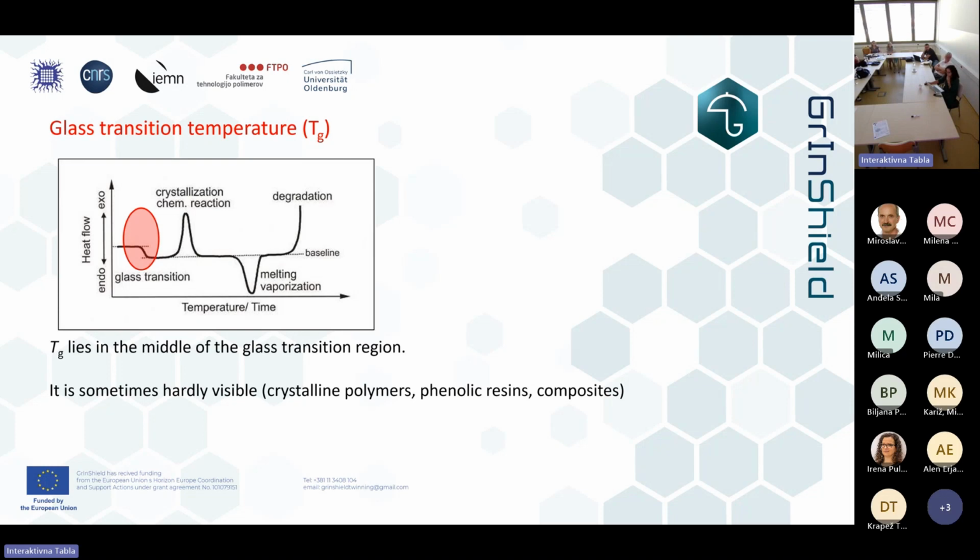This glass transition is sometimes hardly visible if we have crystalline polymers, for example, or phenolic resins, or composites with a lot of filler. Especially with a crystalline polymer, we will never observe the glass transition temperature. We have to use DMA for that.